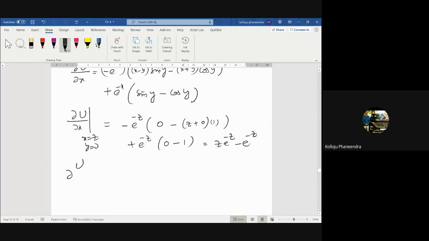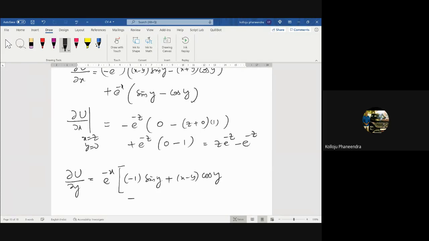Next, dou U by dou y. What is this one? e to the power of minus x, function of x as it is. Now for y, the derivative of x minus y is minus 1, with sine y as it is, plus x minus y as it is, and the derivative of sine y is cosine y, one part is over.